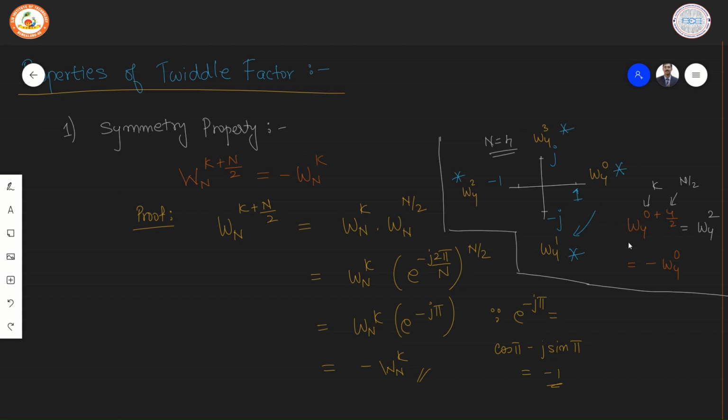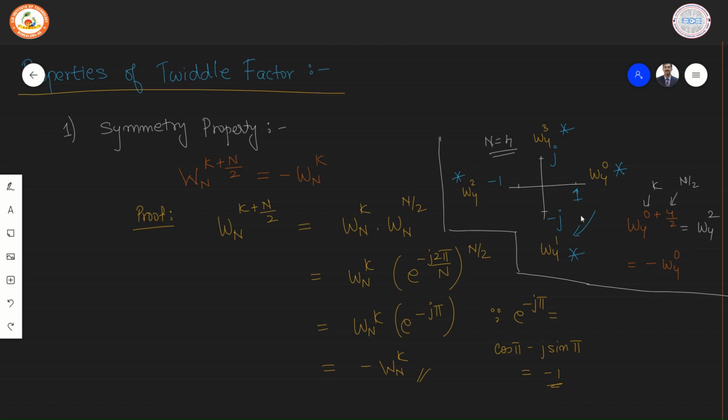If we test the value W4 to the power of (0 + N/2), in this problem N is 4, N by 2 is 2, we will get W4 to the power of 2 after simplification. Now W4 to the power of 2 is the same as minus W4 to the power of 0 in accordance with the property. Let us test this value. W4 to the power of 0 is equal to 1, whereas W4 to the power of 2 is minus 1.